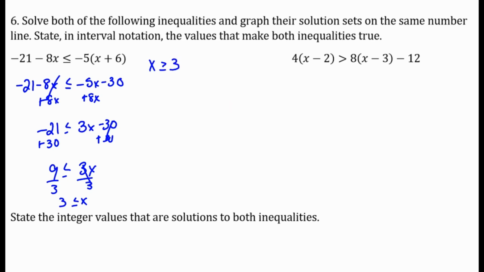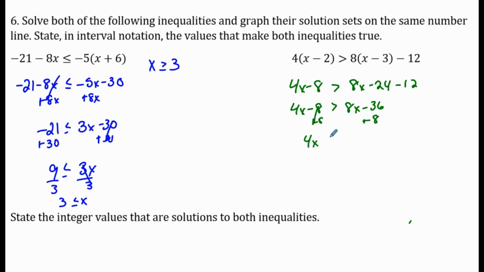Then the second one here, which I'll do in green, you need to distribute. And distribute again. Okay. Combining like terms, negative 24 and negative 12 makes negative 36. If I add that 8 over, maybe that wasn't the first move you made, and I actually regret making that move, but that's okay.